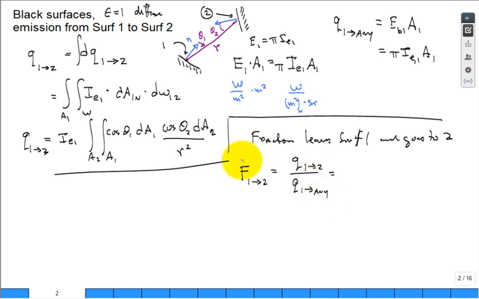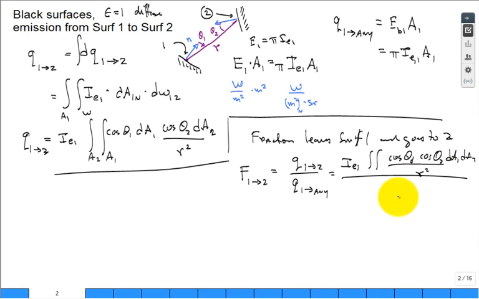I just take and substitute. That's I e sub 1. The double area integral, cosine theta 1, cosine theta 2, dA1, dA2 divided by r squared. Divide by pi I e sub 1, A1. What cancels? The intensities cancel, and we're left with this equation.